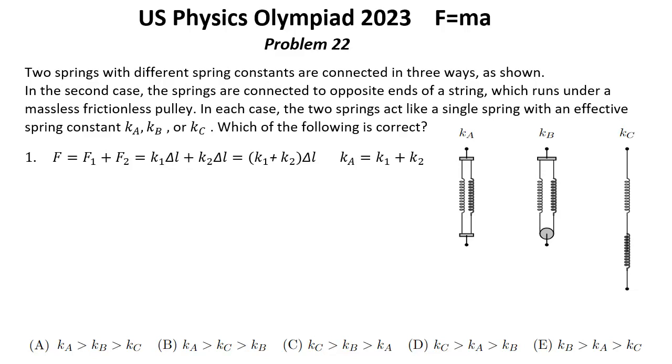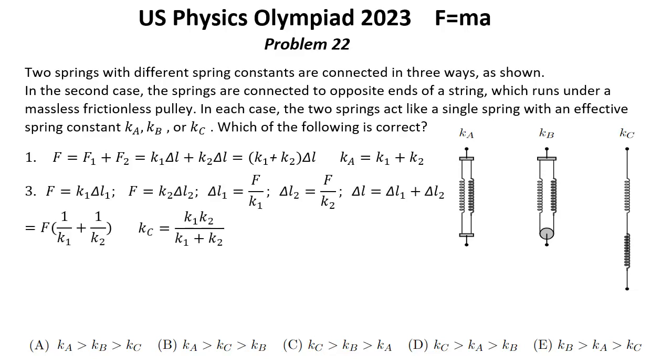In the third case, we have the same force applied to both springs, so we have force F equal K1 delta L1, or equal to K2 delta L2, and then from here we can find delta L1 and delta L2.